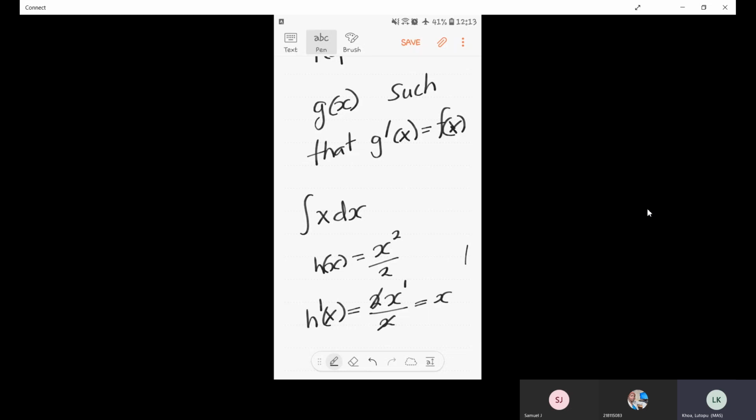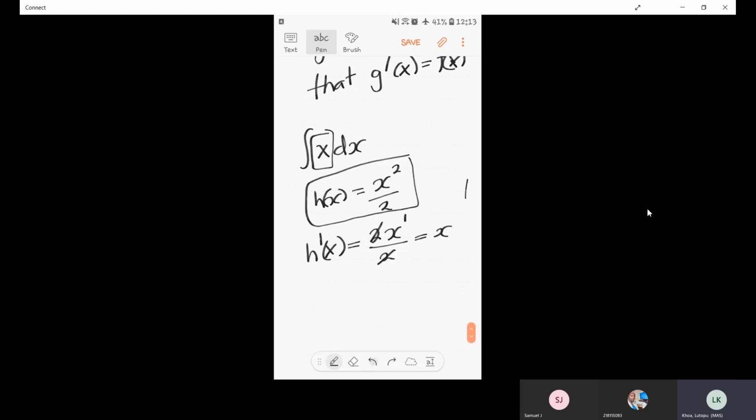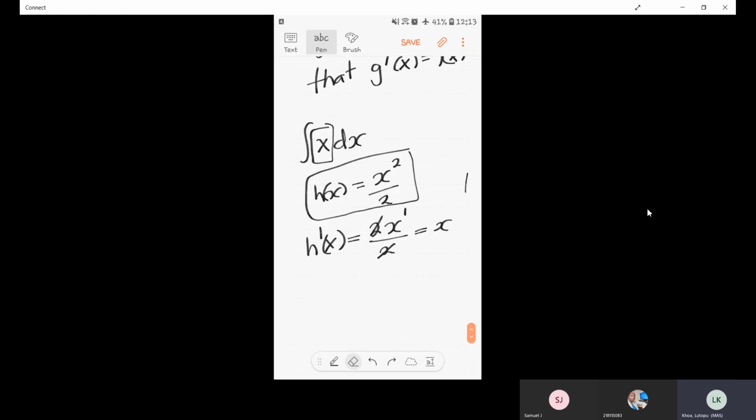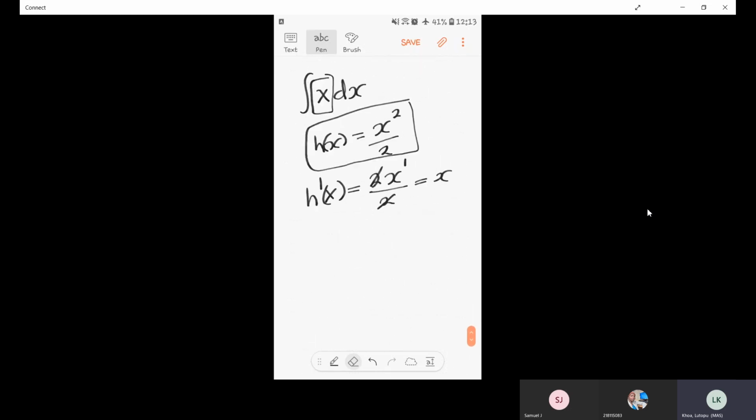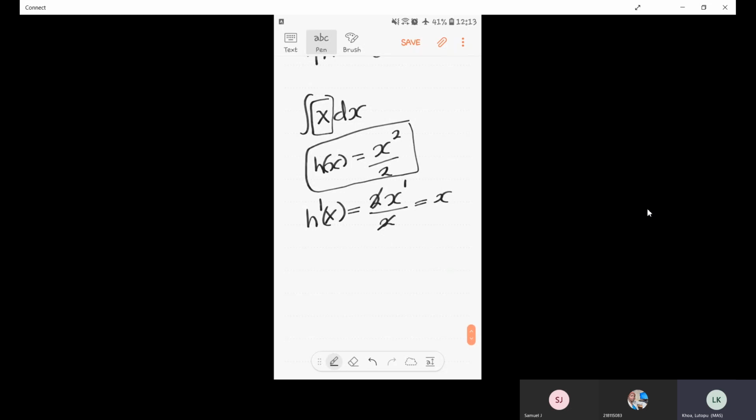So when I differentiate my h of x, I get this function that I have over there. So that is why I can say that the integral of x with respect to x is equal to x squared over 2.